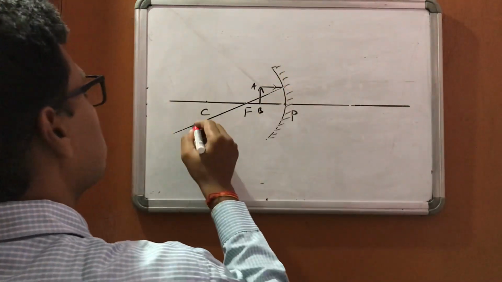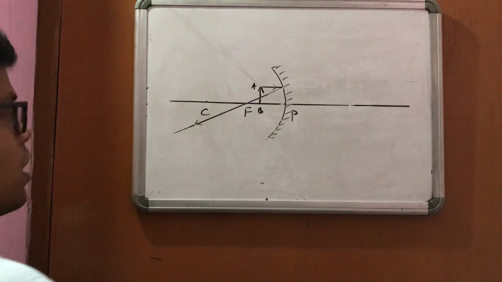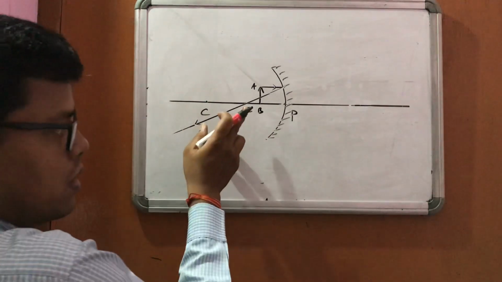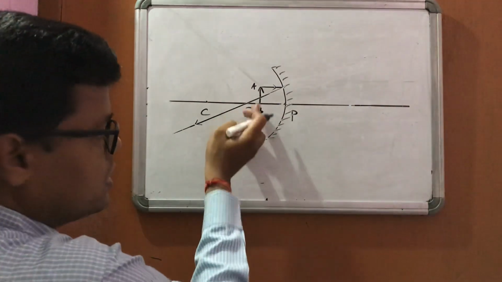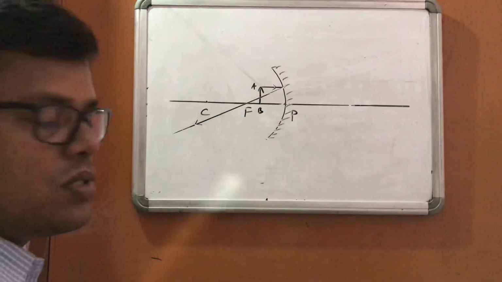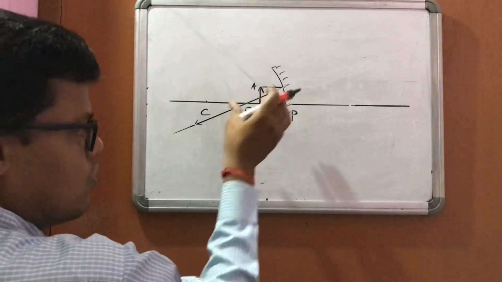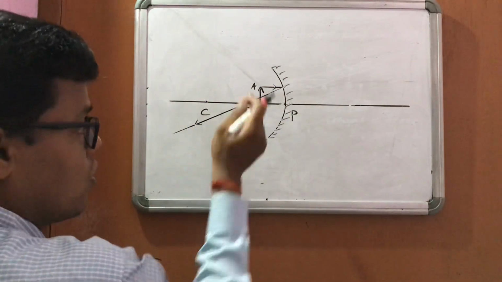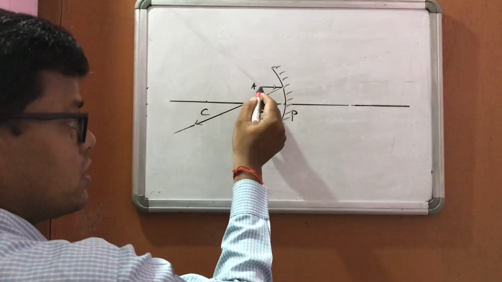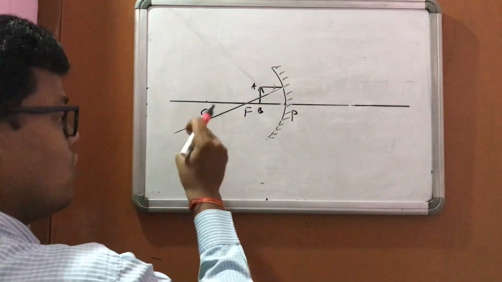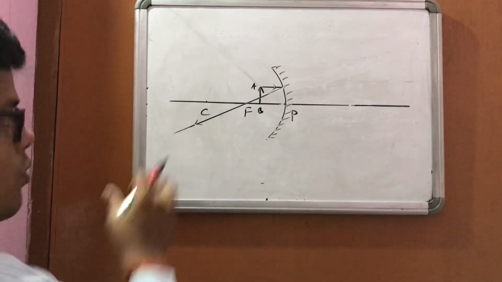It passes through the focus. Okay. So you may have confusion that although the object is in front of it, how can the light ray pass through it? It's a ray diagram. It doesn't mean that there is only one ray. No, there are so many rays, but all the light rays coming from the point A pass through this point. They will meet at a point.